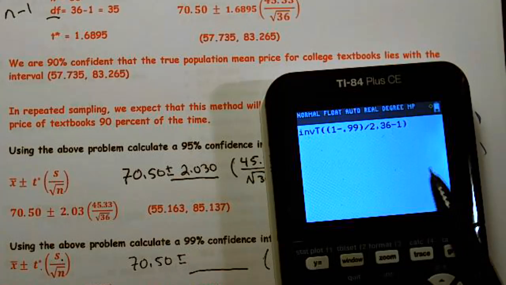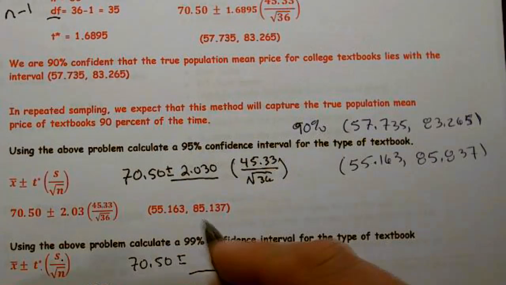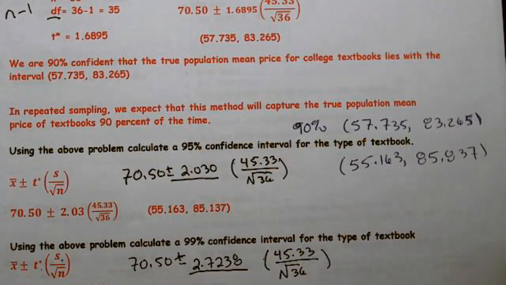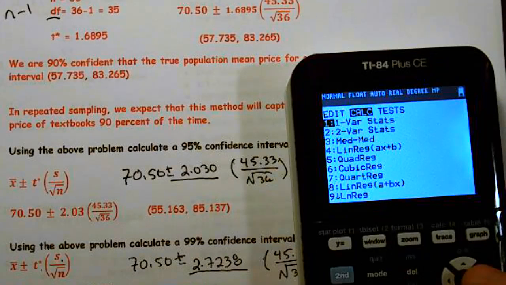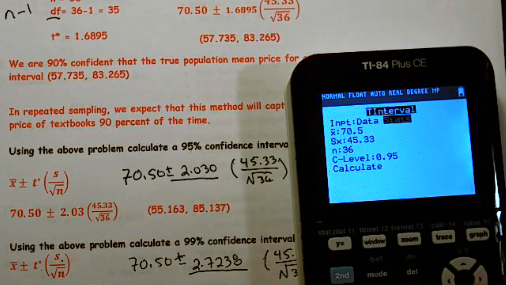And I end up getting a value of 2.7238. So stat test, T interval, which is number 8. Sample mean is 70.5, sample standard deviation of 45.33, sample size is 36, and we're changing our confidence level to 0.99.